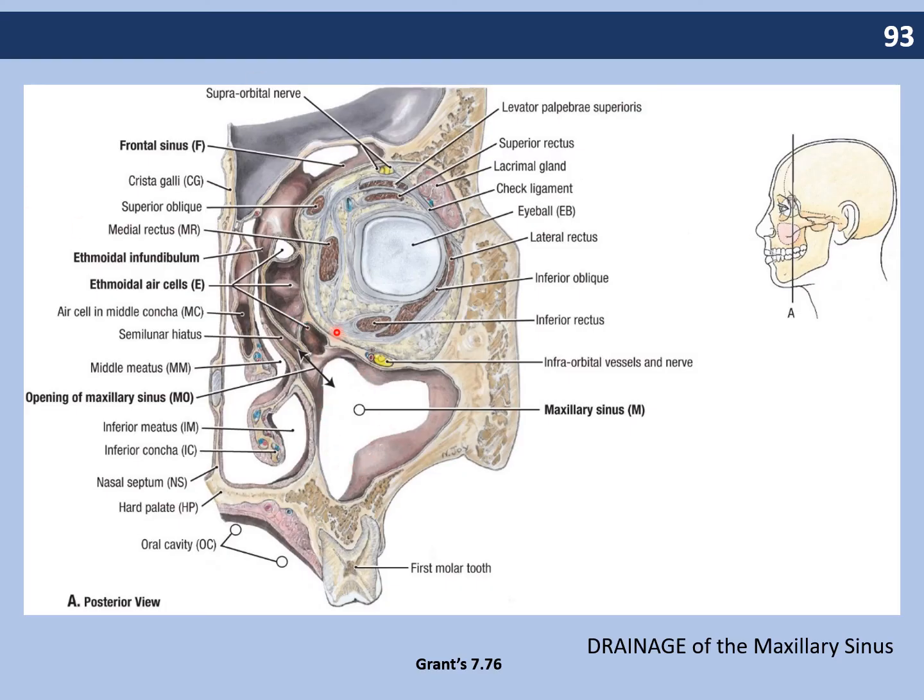Here's another image of the orbit, and in this image, it is filled with its orbital fat and the eyeball. And then here is our maxillary sinus, and the thin layer of bone that separates those two regions is apparent here. The other thing I want to point out in this picture is that the drainage for the maxillary sinus is rather superior.